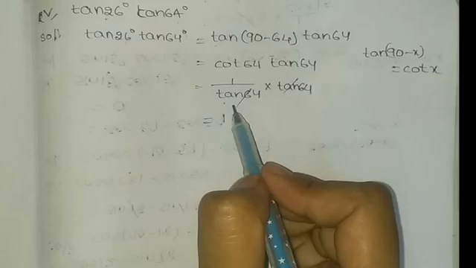Now I am taking tan 48 tan 42 to solve this, because 48 plus 42 is 90 and 16 plus 74 is 90. So now I can apply the formulas of complementary angles. Tan 74.